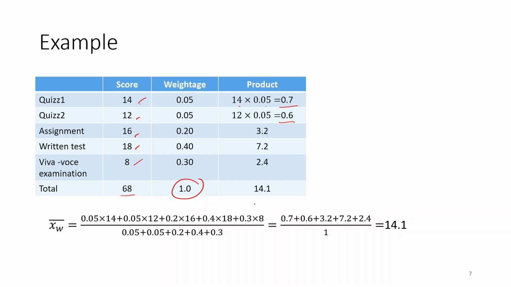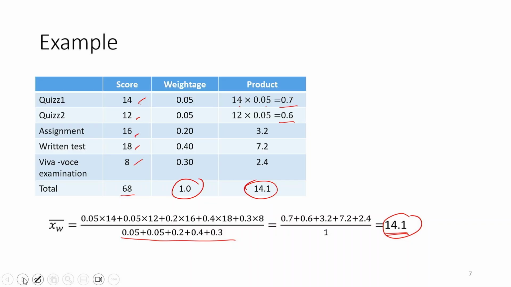And if we then sum them together, we get a figure 14.1, and that 14.1, when you divide by the sum of the weights, which is 1, we get a figure 14.1 in this case, and that becomes the weighted average. So this is how many a times we need to calculate the weighted average.